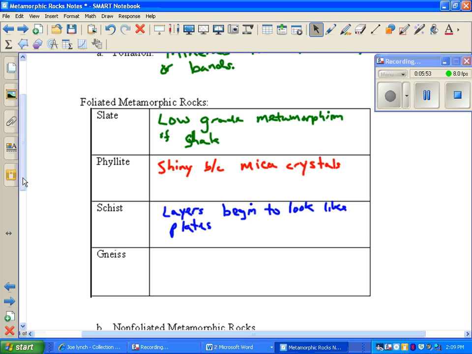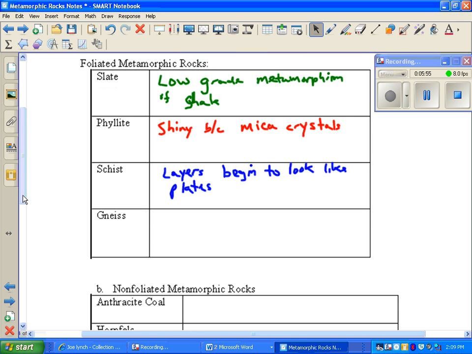And then the last one is gneiss, and gneiss shows banding. Okay, I tell my students it looks like zebra stripes. So not just layers, there are actually bands of minerals. If you were to see it, it would look maybe something like this. Here's a sample of it, and you would have these dark bands going through the rock.